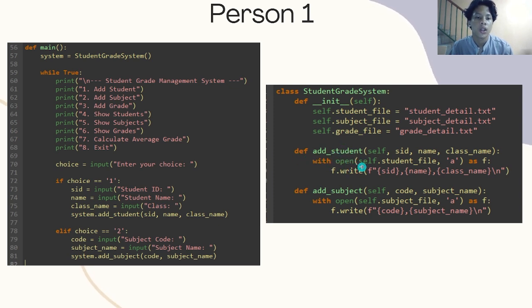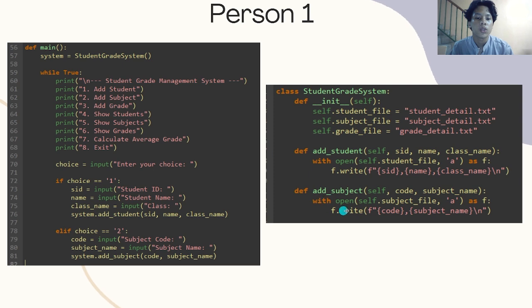Inside this we enter the student ID, name and class name. This opens the existing student file, and then I write the information inside the file, put in format: first the student ID, name, and then class name.